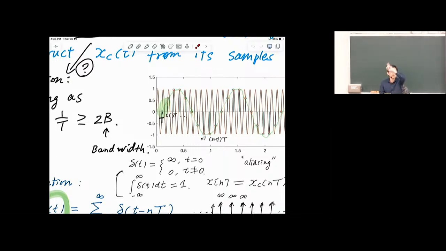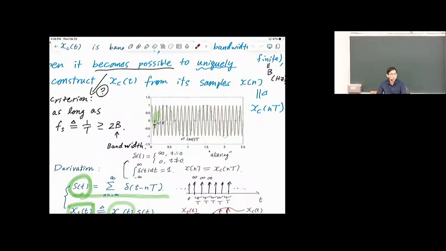After sampling, if you connect the dots, it looks like a signal at a much lower frequency. So there is some kind of confusion here. When we only look at the samples, it's hard to say that the underlying signal is the high frequency one shown in red. So this is used as a bad example: what if we don't sample fast enough?